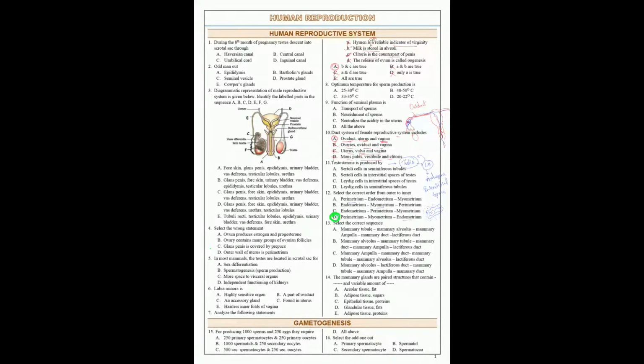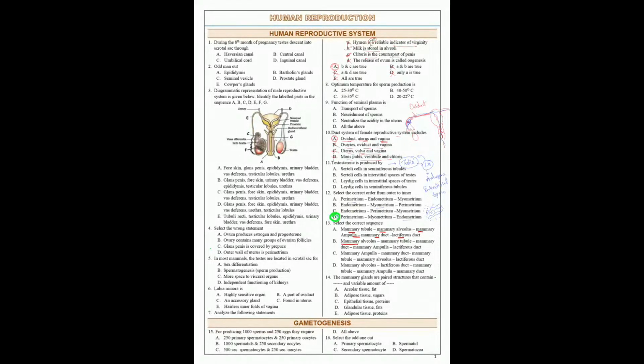So next question. Select the correct sequence. This is the sequence of mammary gland, breast. So what it will be? If we see the sequence of mammary gland, then the end point is not given here, but yeah, it starts from mammary alveolus.